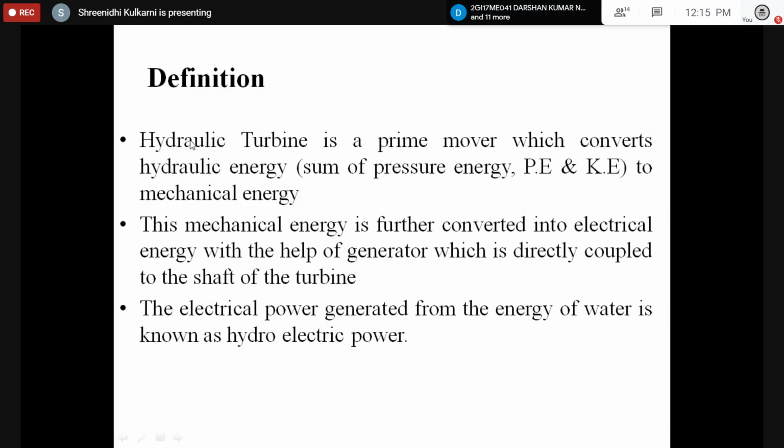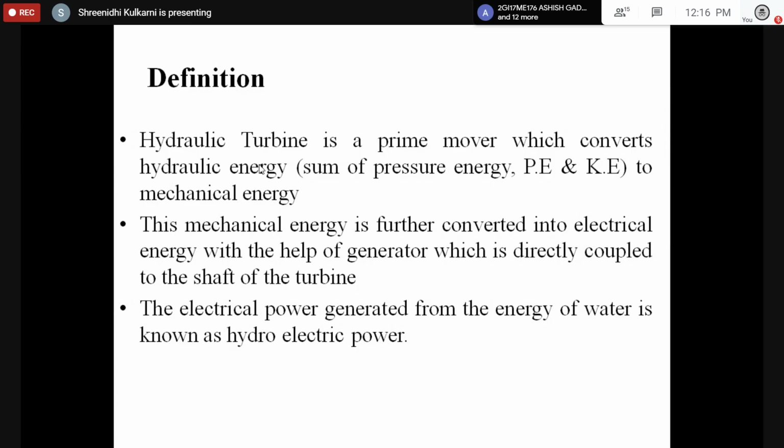Using that water, the turbine rotates, so it is a prime mover which converts the energy possessed by water into mechanical energy.